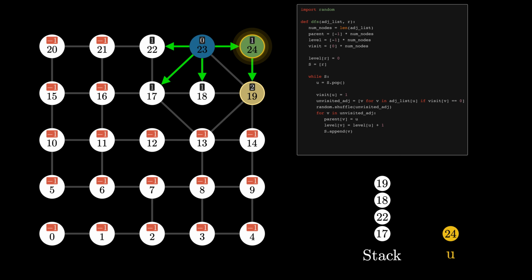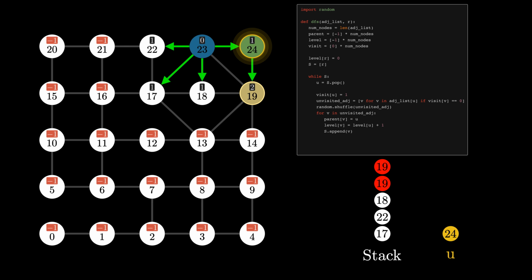Now what is special or problematic about this situation? The problem is that if we push node 19 onto the stack, it will be there twice, because node 19 is also a neighbor node of the starting node, and has therefore already been pushed onto the stack previously. Now why is this a problem? During the execution of the algorithm, every node in the stack will be popped from the stack, marked as visited and processed.